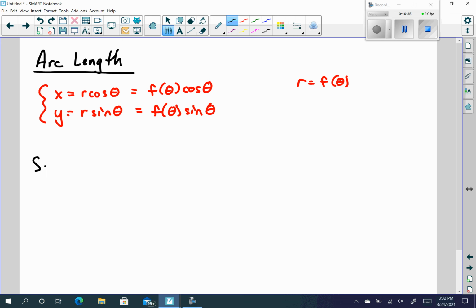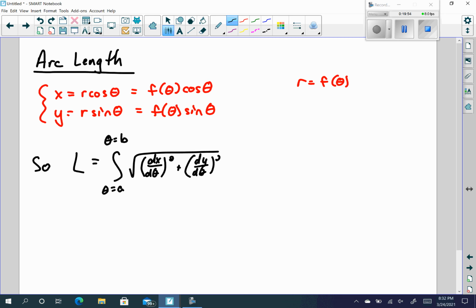So now arc length is going to be the integral from theta equals a to theta equals b of the square root of dx over d theta squared plus dy over d theta squared times d theta.